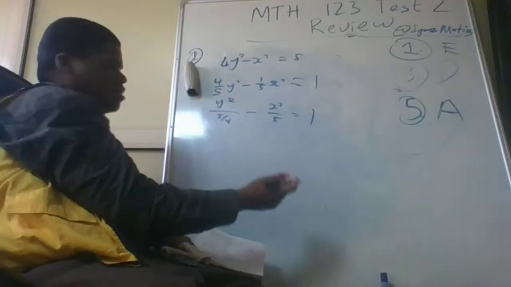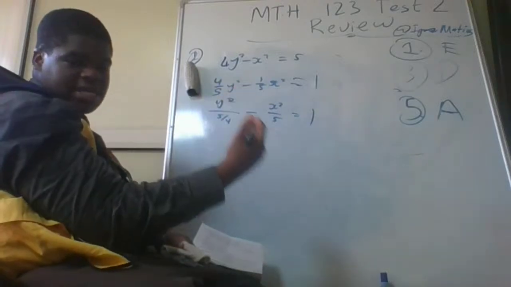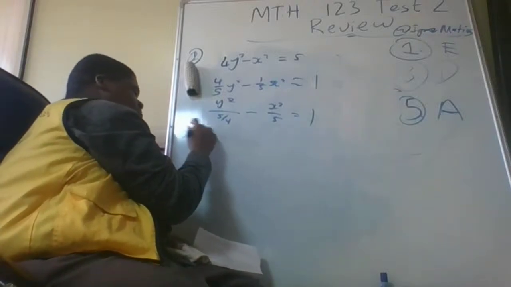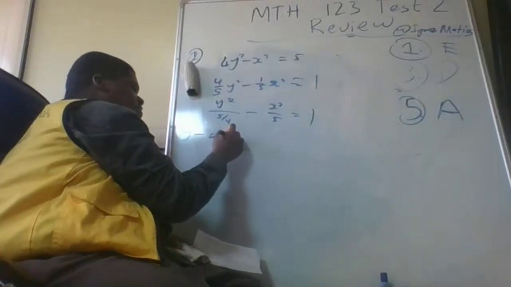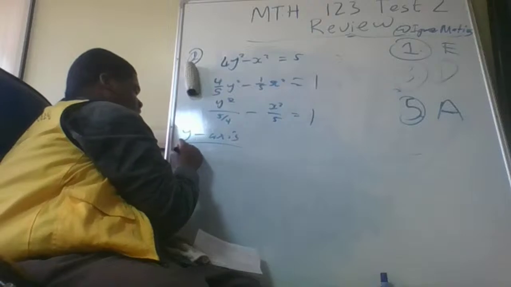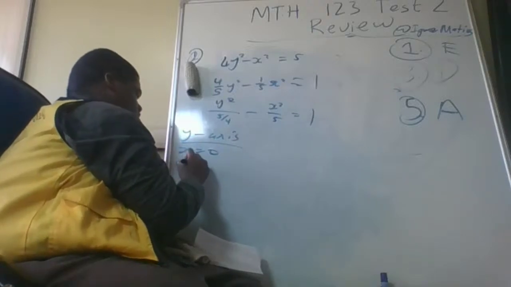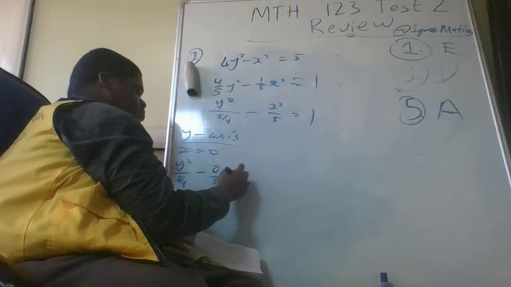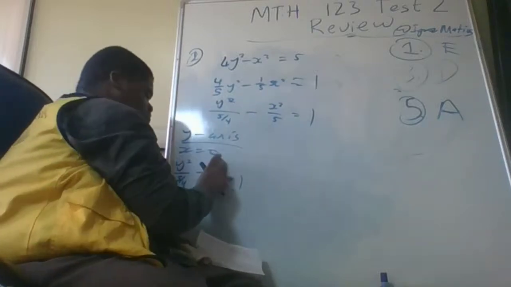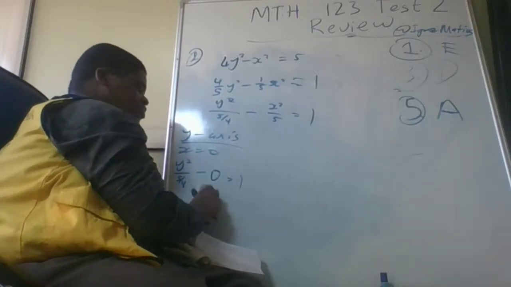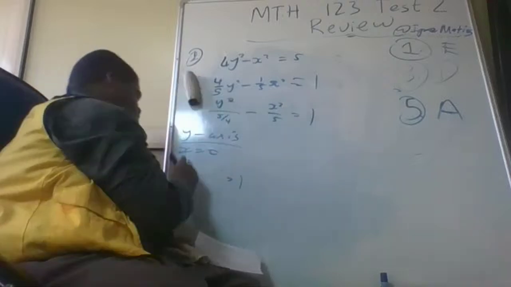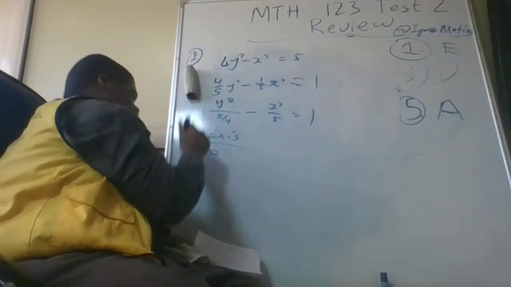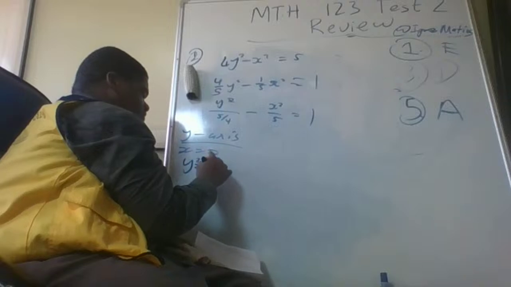So in this case, since y squared has a positive coefficient, it is going to curve up and down. So we have just the y-axis case, that is when x equals 0. You have y squared over 5 over 4 minus 0 over 5 is equal to 1. 0 over 5 is just going to be 0, and minus 0 is just going to be nothing. So you have y squared over 5 over 4 is equal to 1. This implies that y squared is equal to 5 over 4.